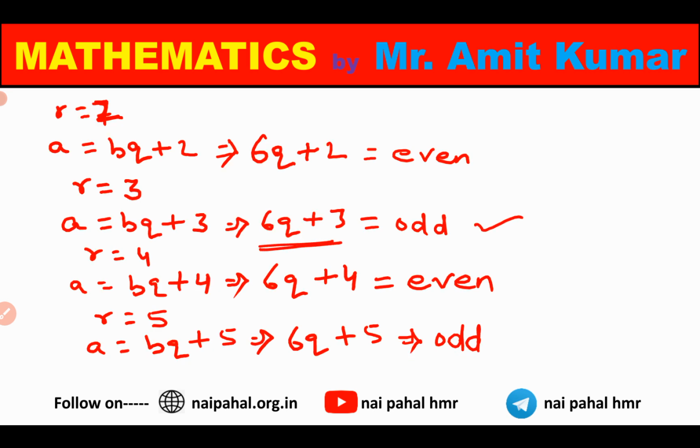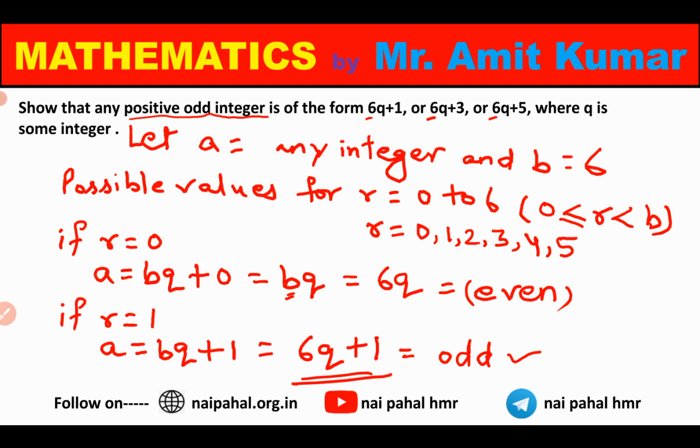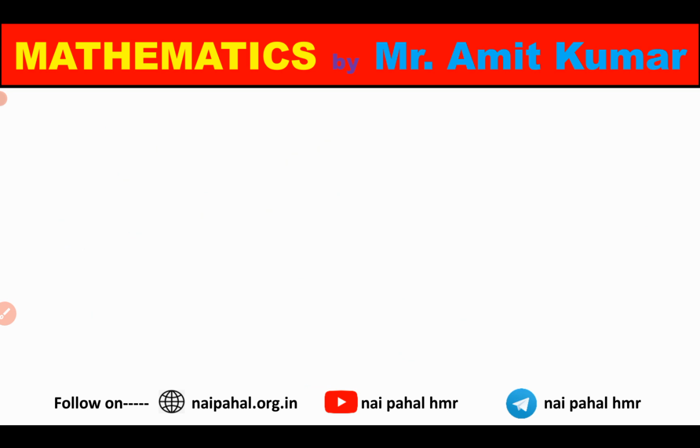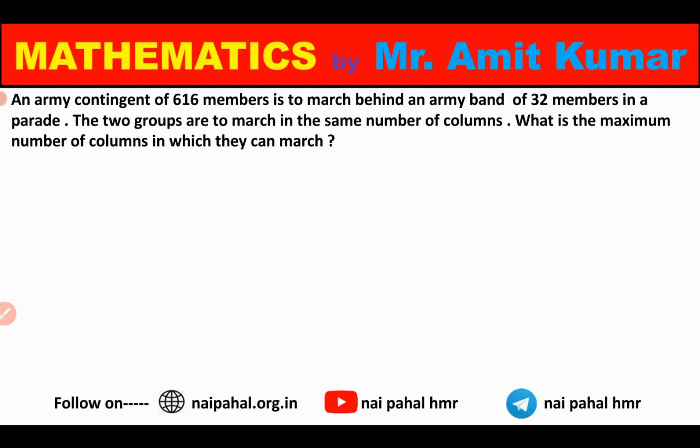This is also correct. And 6q plus 5 is also correct. According to our question, 6q plus 1, 6q plus 3 and 6q plus 5, where you can take q as any integer value. I hope it is very easy for you. Now let's move on to the next question.